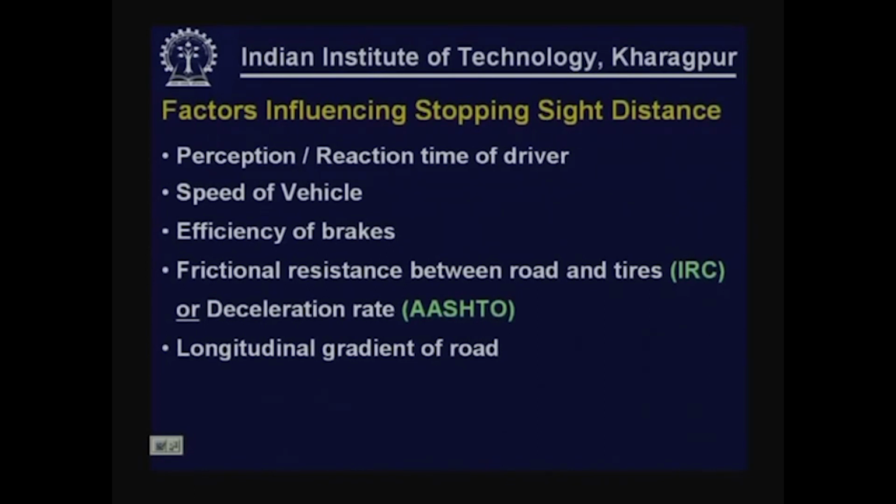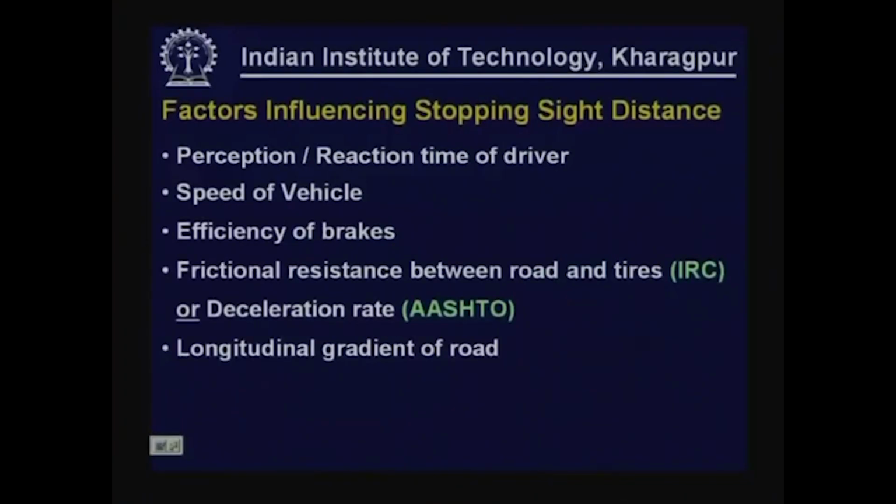As per IRC, the coefficient of friction is considered while calculating the stopping sight distance, while AASHTO recommends values which are based on the deceleration rate. And fifth, longitudinal gradient of road. All these 5 factors actually influence the stopping sight distance. How? Let us discuss.